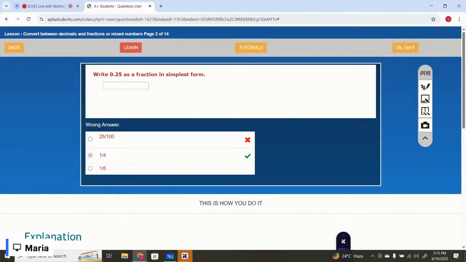Oh, you can simplify. Read the question, it is simplest form. That is 1 by 4. Option number 2 is the correct option.